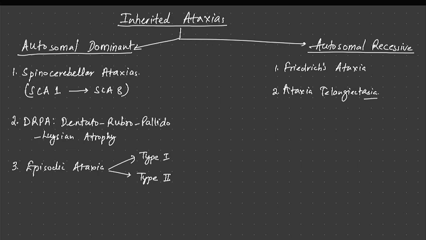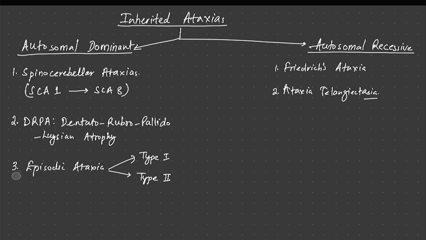So in DRPLA there will be very varied clinical manifestation, ranging from incoordination, ranging from hypotonia, ranging from dystonia to dementia, right? It is also an inherited kind of ataxia. It is studied under this topic.